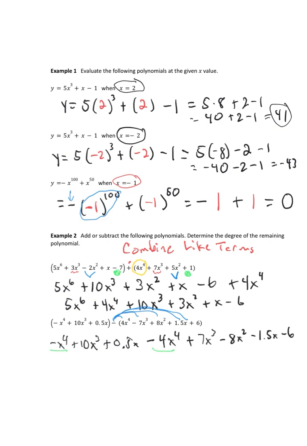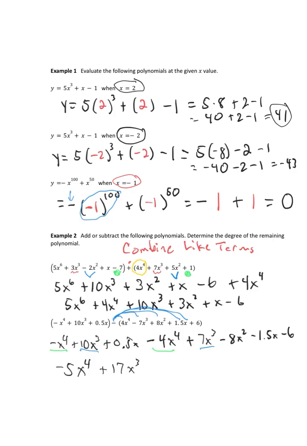All right, so the x to the fourths can be combined. That's negative x to the fourth minus 4 more. So negative 1 minus 4 would be negative 5x to the fourth. Looks like we got some cubes, so that would be plus 17x cubed. I'll go ahead and do this in descending order.